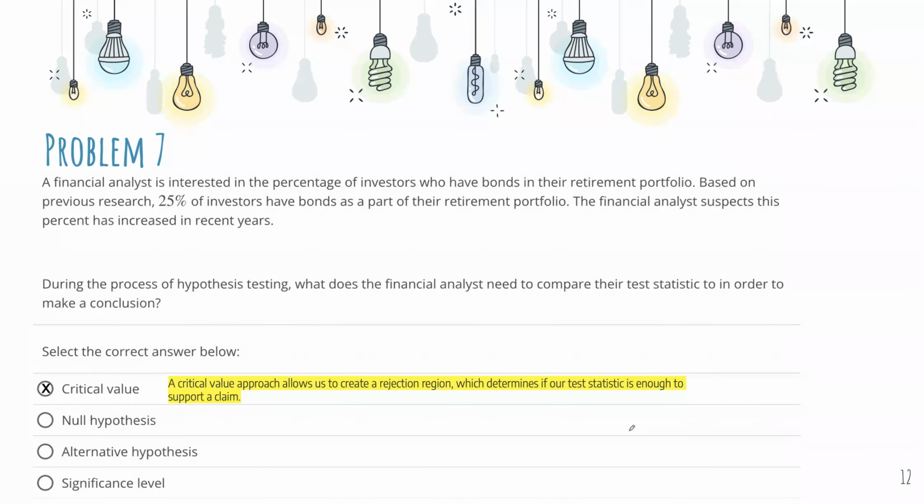Problem number 7. A financial analyst is interested in the percentage of investors who have bonds in their retirement portfolio. Based on previous research, 25% of investors have bonds as a part of the retirement portfolio. The financial analyst suspects this percent has increased in recent years.